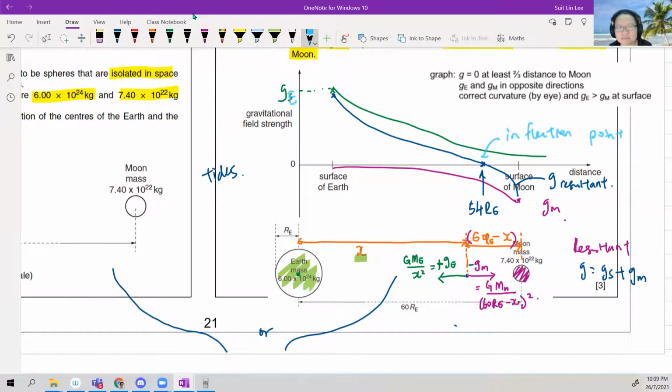This is the inflection point. So the gradient decreases, decreases, decreases, minimum, then increases, increases, increases. But the gradient is always negative. So you could draw this shape or that shape, it doesn't matter because that is the direction of the vector. All right, that's all for this one.